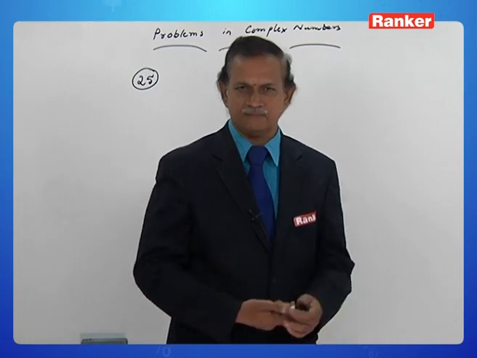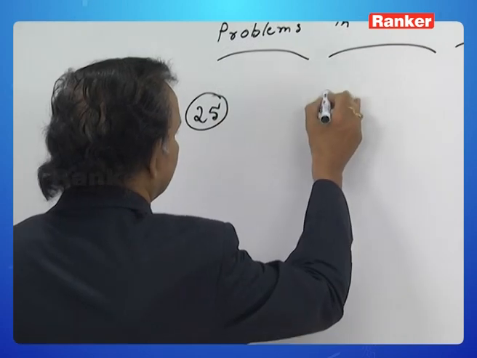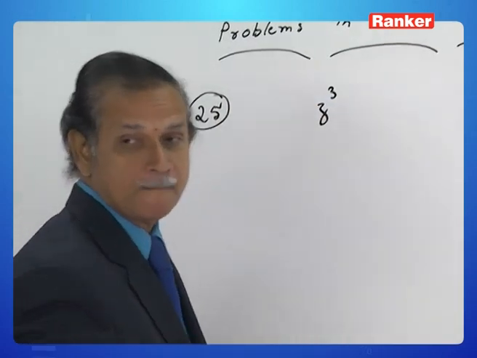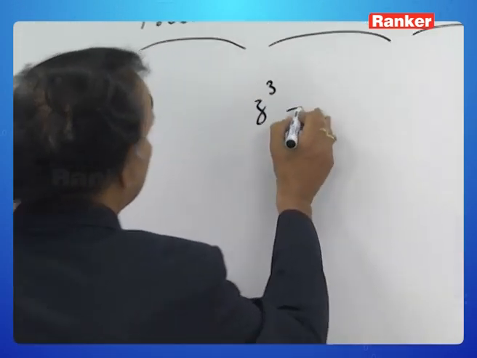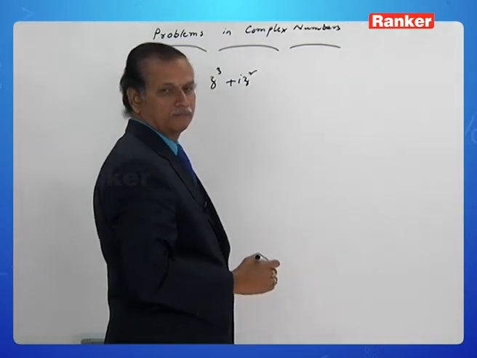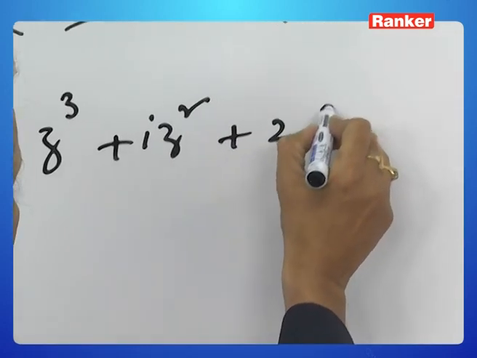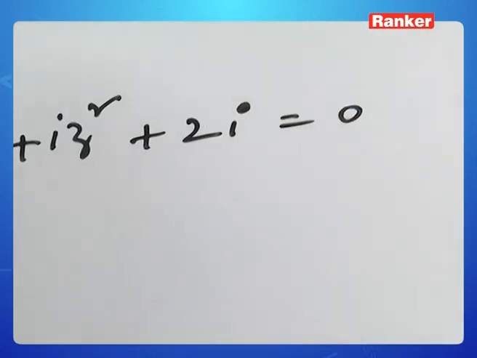So let us observe the given equation. What is the given equation? Z cube plus iz square plus 2i is equal to 0.